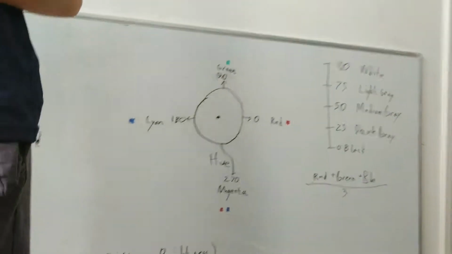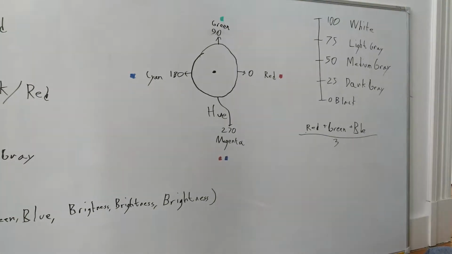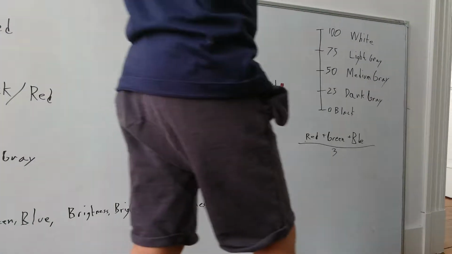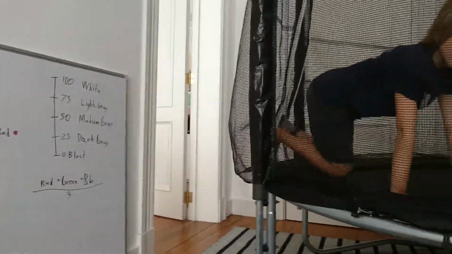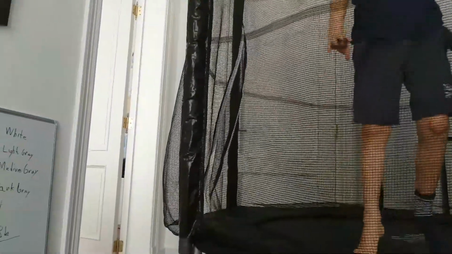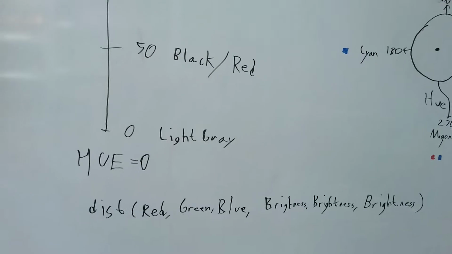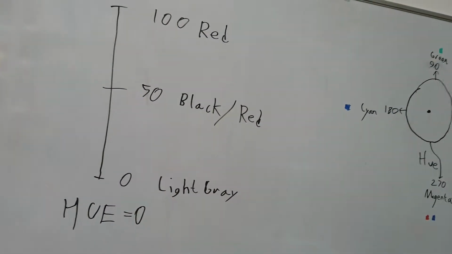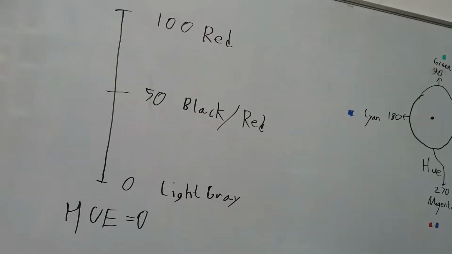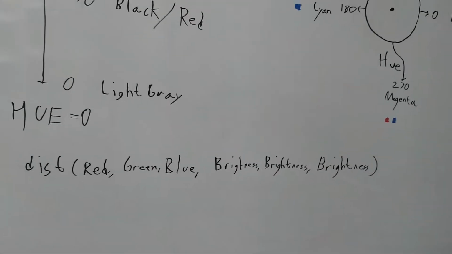And that value is red plus green plus blue divided by 3. So that's like the average. Is that your hue or is that your brightness? That's the brightness. That's the way you calculate brightness. And then you calculate that, and then you have to subtract that, which is going to be the same value for X, for Y, and for Z, right?